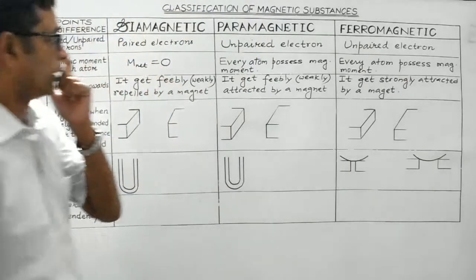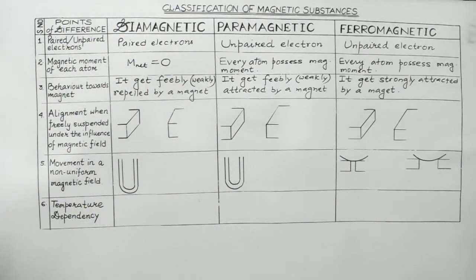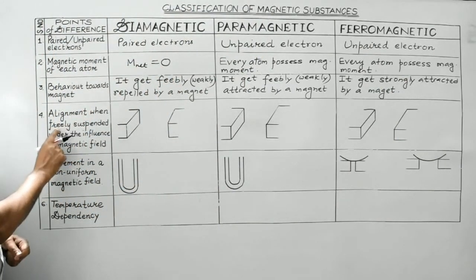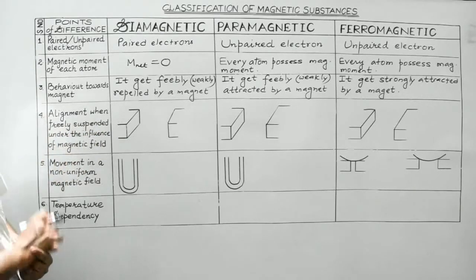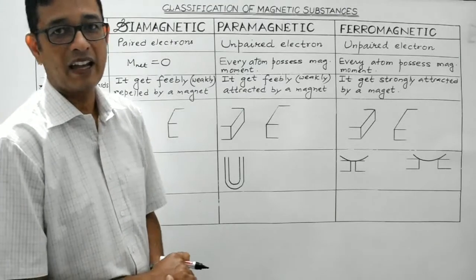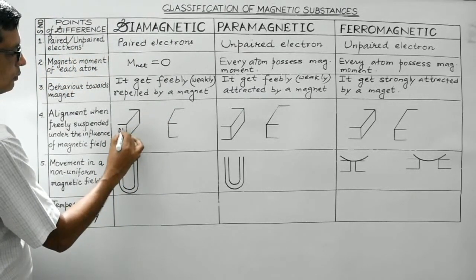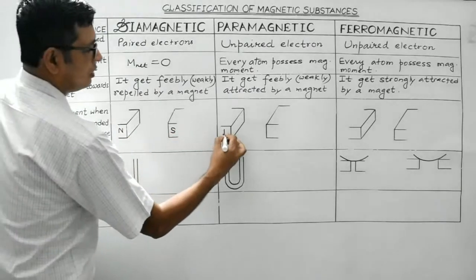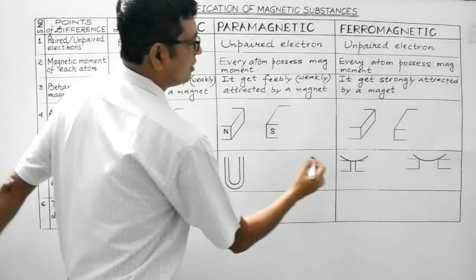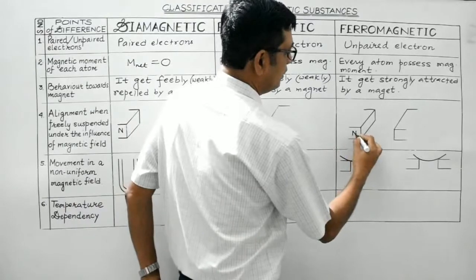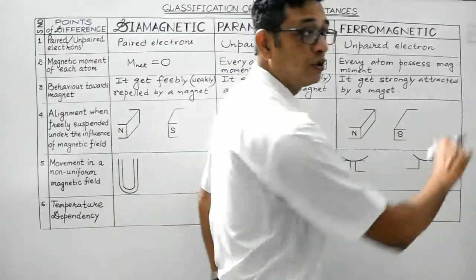Okay. Next point of difference is alignment when the dia, para or ferromagnetic specimen is suspended under the influence of a uniform magnetic field. Suppose these are the two poles. This is the north pole and this is the south pole. It provides a region of magnetic field directed from north to south.